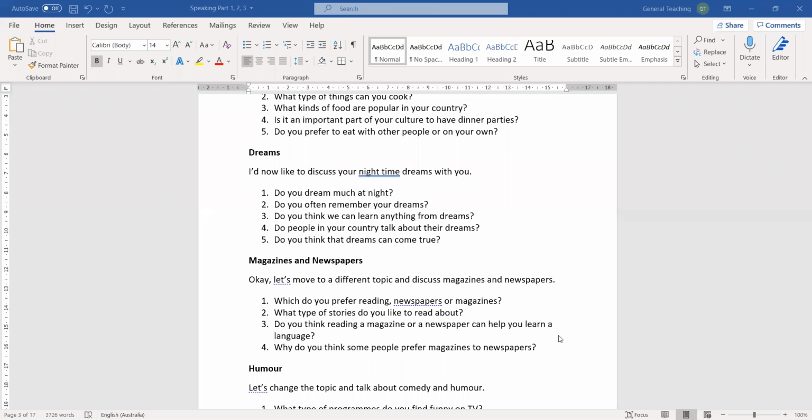The newspaper is basically just to increase your vocabulary, and your knowledge of current affairs as well.